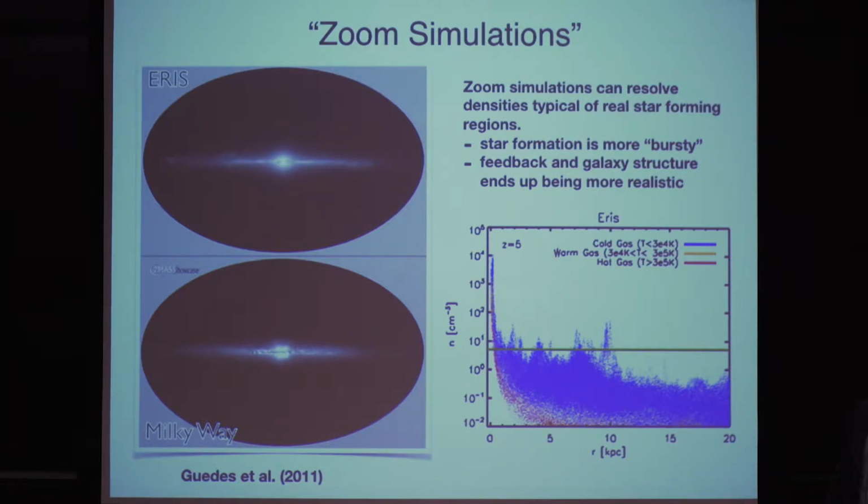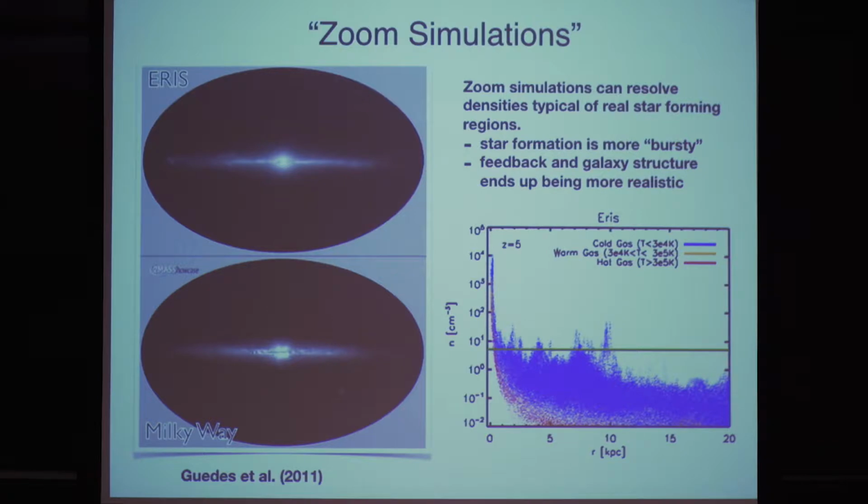One of the crucial things that simulations like this are able to do is resolve overdensities in gas that are quite high. That is, their particle mass is small enough that some regions of their galaxy might have overdensities of 10 or even hundreds of atoms per cubic centimeter, whereas other regions of their galaxies will have very low densities. Now we know that in real galaxies, you basically need really high overdensities of gas, molecular clouds, to form stars.